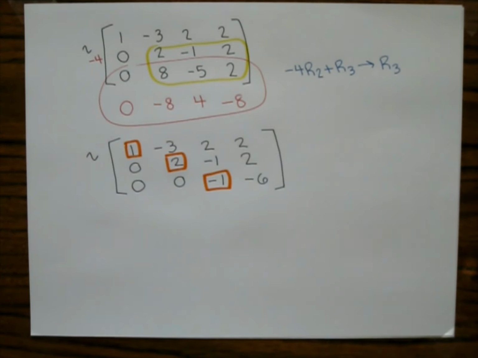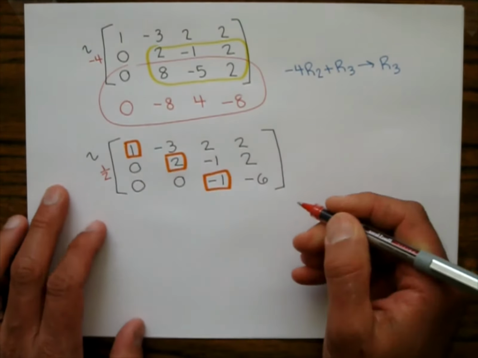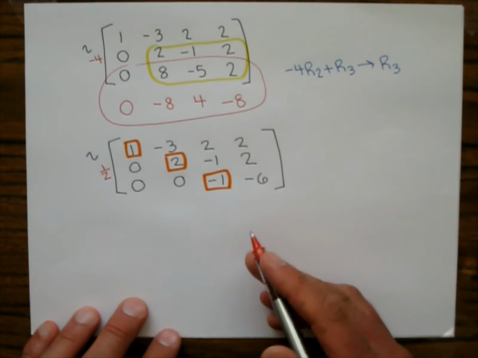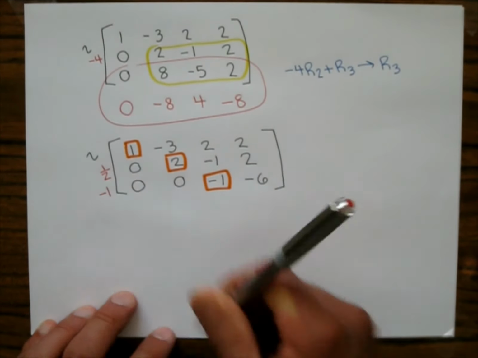So what I'm going to do is multiply row 2 by 1/2. Yes, in the end I am going to have fractions, but I'm not going to be doing much arithmetic on the fractions because I'm getting to the final answer. Multiply the last row by a -1.